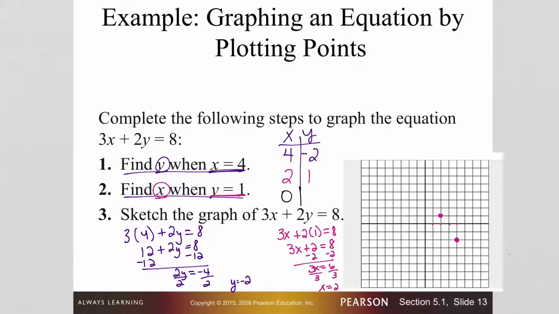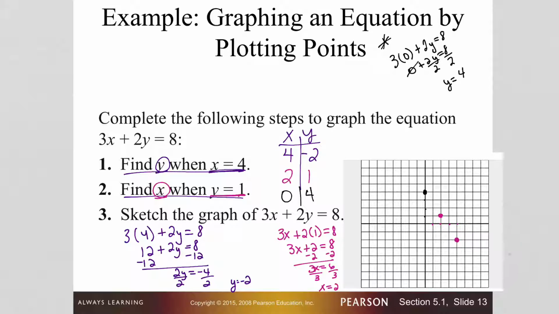So I've got 3 times 0 plus 2y equals 8. So I've got 0 plus 2y equals 8, so that really goes away. Divide by 2, so y is equal to 4. So 0, 4.